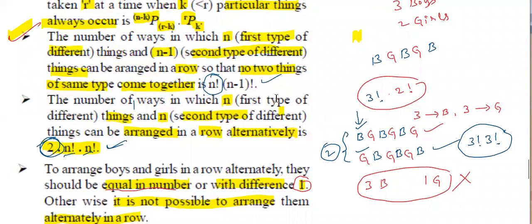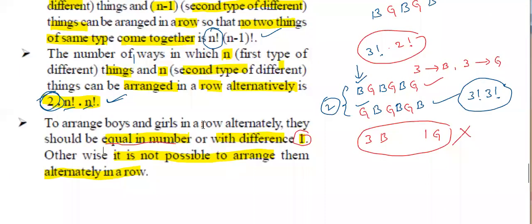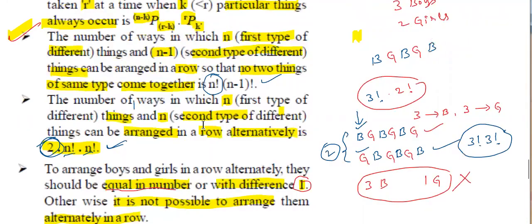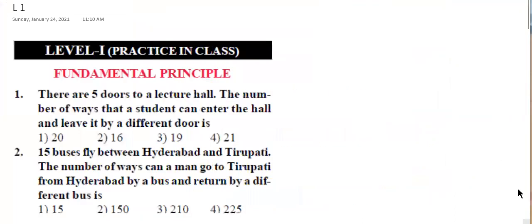Next, I am going to discuss some problems in basic concepts. Okay? Now see here, level 1, first question. Read the question carefully. There are 5 doors to a lecture hall.